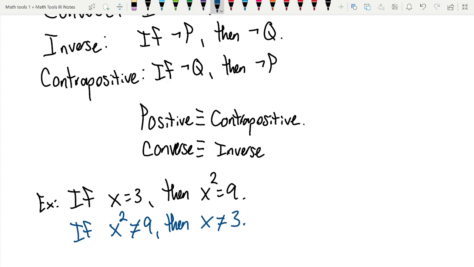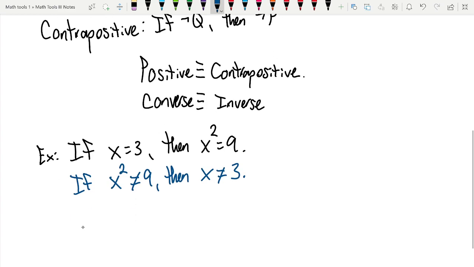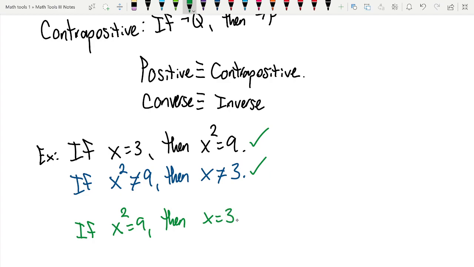Okay. The converse here would be, so let's say this is true, if x squared equals 9, then x equals 3.